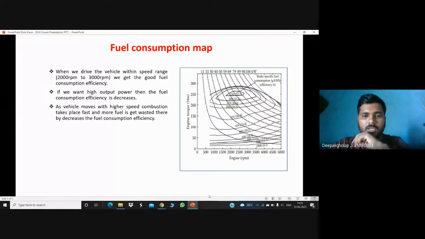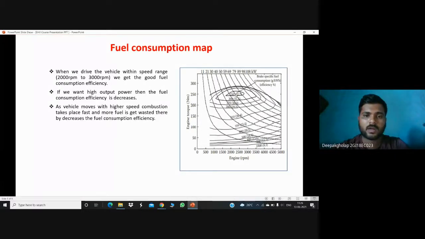First, you are seeing the inner ellipse-like shape. It is the optimal operating region. In the optimal operating region, we are getting the maximum fuel consumption efficiency. Maximum fuel efficiency means it is giving more mileage while utilizing less fuel.